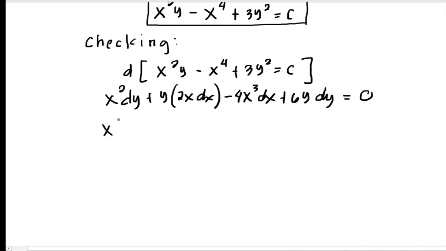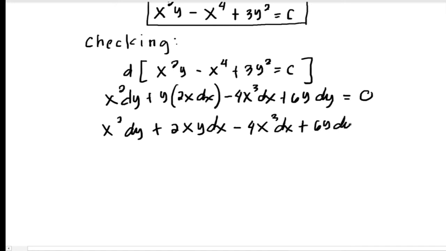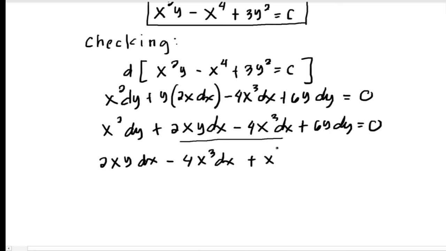Let's simplify. x squared dy plus 2xy dx minus, I'm going to copy this third term, 4x cubed dx. Then the fourth term, 6y dy is equal to 0. Then we're going to group our dx terms. We have here 2xy dx minus 4x cubed dx plus x squared dy plus 6y dy is equal to 0.